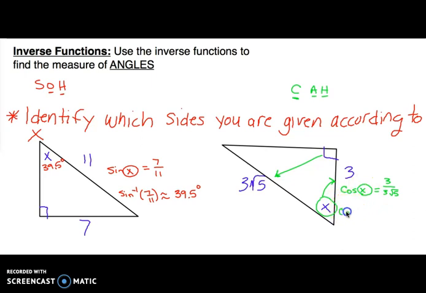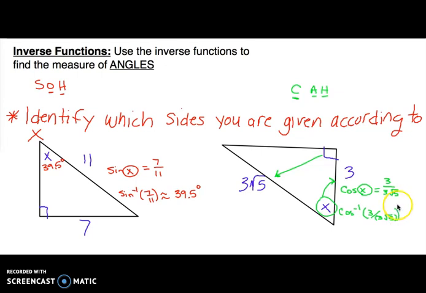So we'd have cosine inverse, and then we want to say 3 divided by 3 square root of 5. And since we've got more than one thing down here, we want to protect this denominator. So we put them in parentheses.